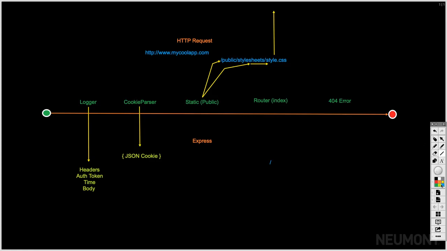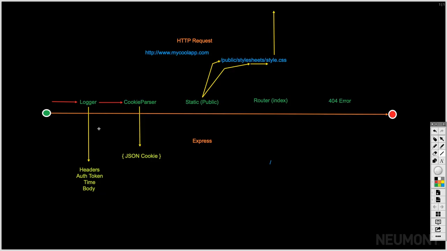So let's use a different color to show how that might work. So we're going to use red right here. So for this root path that we've got in our URL, it's going to go to the logger, to the cookie parser. So let's do that. So logger is going to execute. It'll do its thing. The cookie parser is then going to handle it after the logger, because the logger doesn't end the request and pass it back to the user.